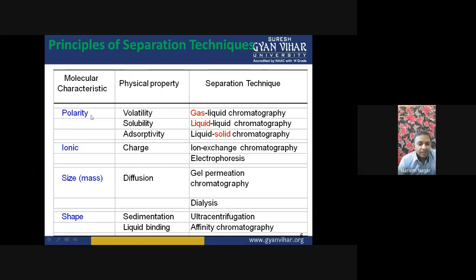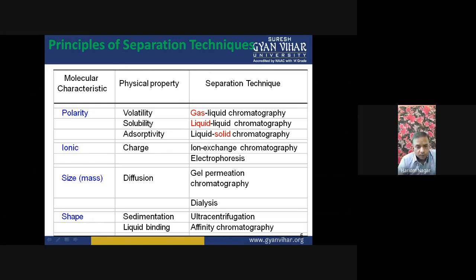Polarity affects the physical properties of the component, like volatility, solubility, and adsorptivity. So if the polarity of the components is different, then their volatility, solubility, and adsorptivity will be different.